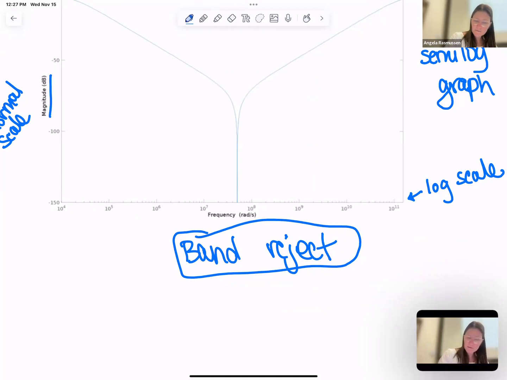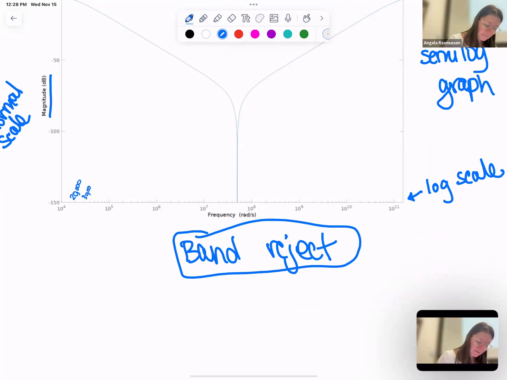Gotta go smaller. Okay, so the next tick is going to be 20,000, then 30,000, 40,000, until you get to 100,000. And then it's 200,000, 300,000, 400,000, 500,000, up to 900,000, and then 1 meg.